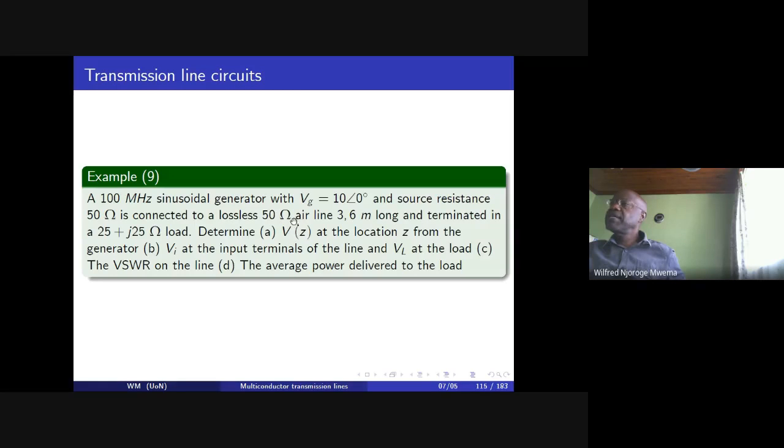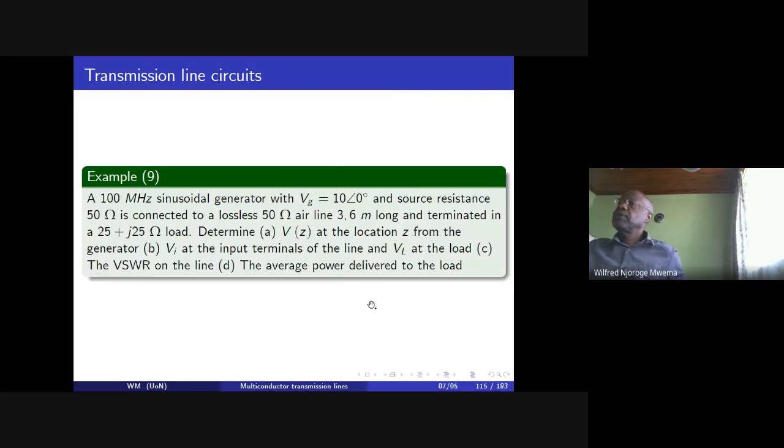Therefore it means that gamma g that we have calculated is going to be 0. In other words, we can say that the generator is matched to the line. And it's an air line, therefore it has an air dielectric, so epsilon r is going to be unity, and the length is of course given there as 3.6.